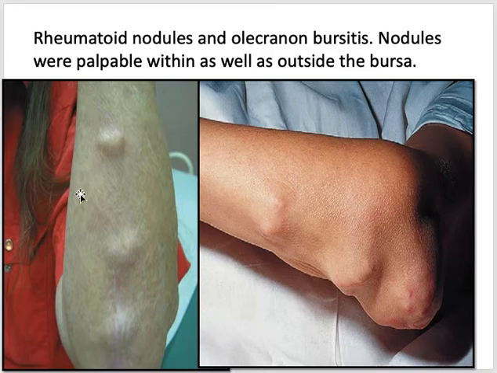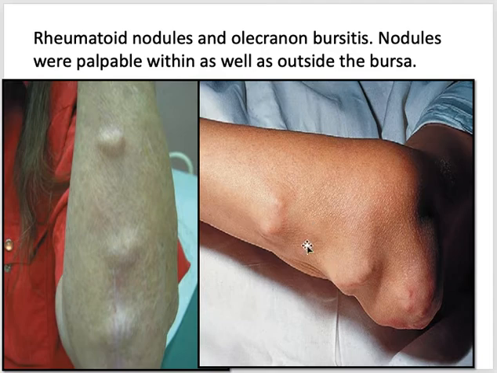You can see the patient has a rheumatoid nodule. So these nodules can occur in the patients.